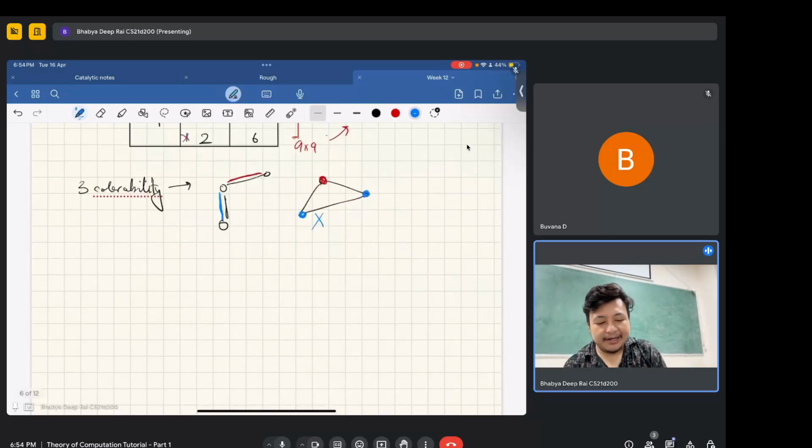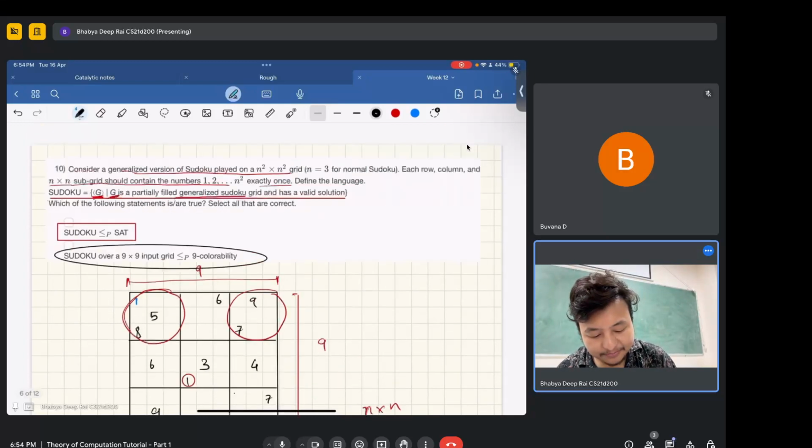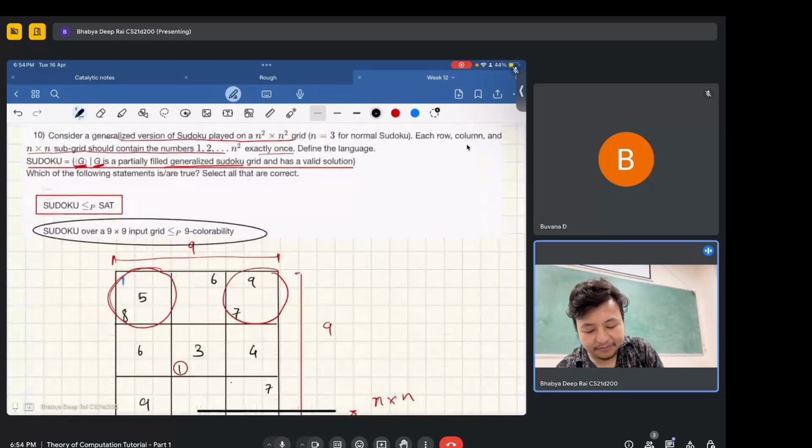Three colorability is NP complete, and you may have seen it in the lectures. Now, the question is: Sudoku over a 9 cross 9 input grid reduces to 9 colorability.